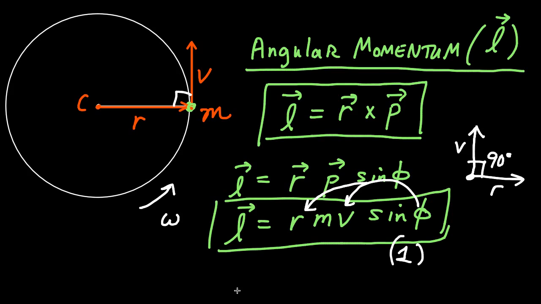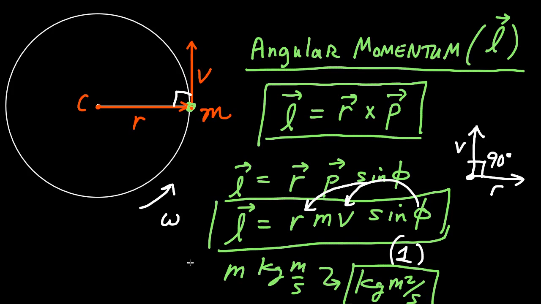The units of angular momentum will be a position vector, that would be meters, times mass, kilograms, times the speed, meters per second. So it ends up being kilogram meters squared per second. How do we determine the direction of this vector? We curl our fingers from the radius vector to the velocity vector or momentum vector, which again is the same direction. Using our right hand, that gives us thumb up.